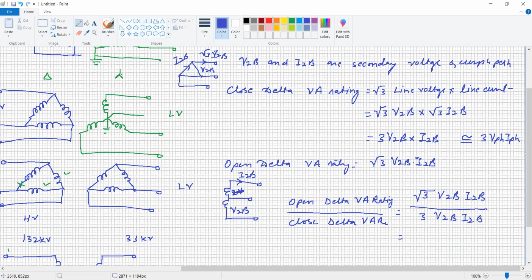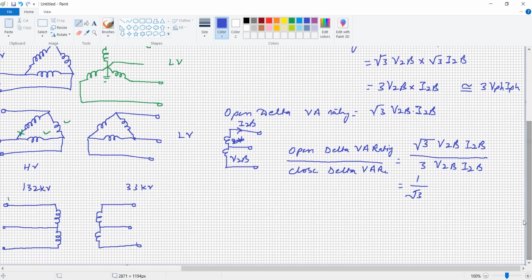This gets cancelled, and root 3 over 3 is 1 by root 3, which is equal to 0.577. So it is 0.57.